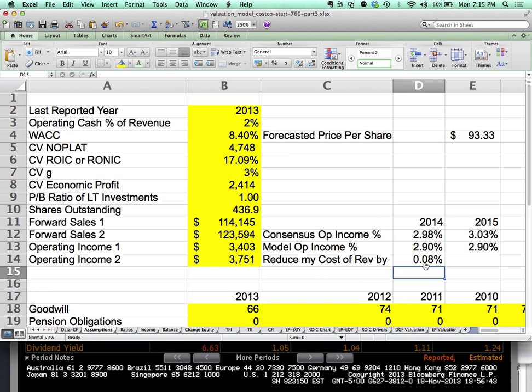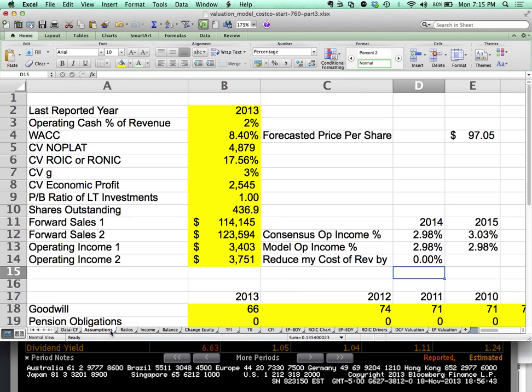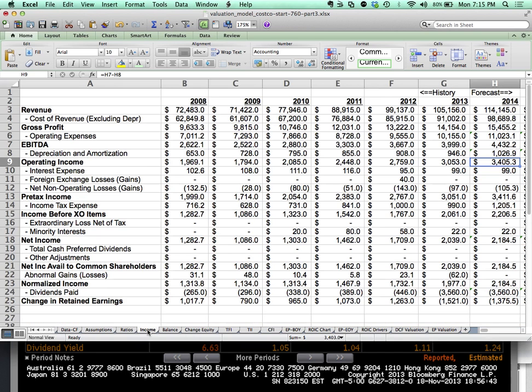So I need to reduce my cost of revenue by 0.08%. So if I go in here to ratios and I go to cost of revenue minus 0.0008. So now they have matched. And by doing so, the 3403 consensus forecast matches. I'm at 3405, but I'm going to call that close enough for rounding, the 3405 that's now in my model.